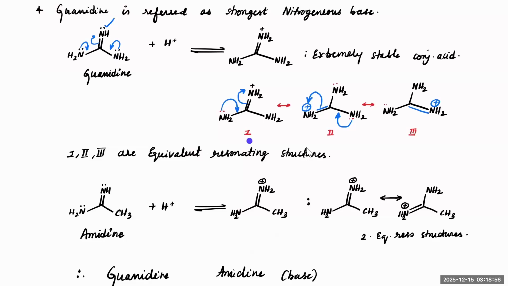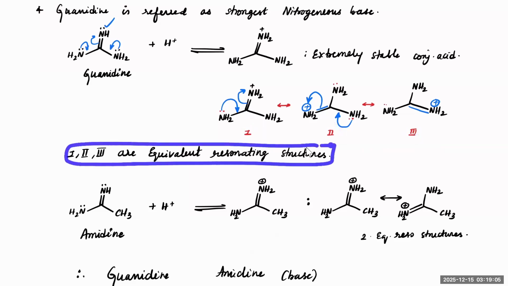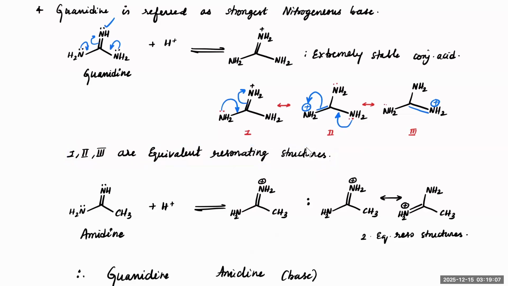Have you noticed something? Structures 1, 2, 3 look exactly alike, and those three are equivalent resonating structures. And you know that equivalent resonating structures are a very stable form. Since the conjugate acid is very stable, its preferential base will be very strong. So guanidine is a very, very strong base.